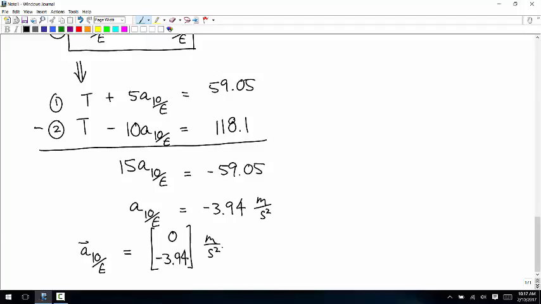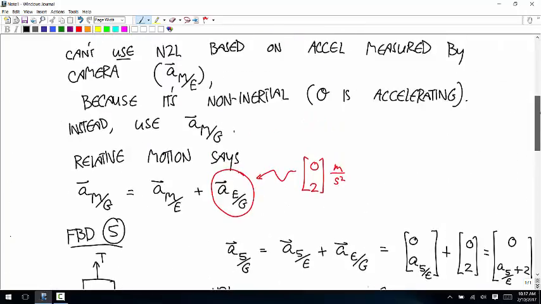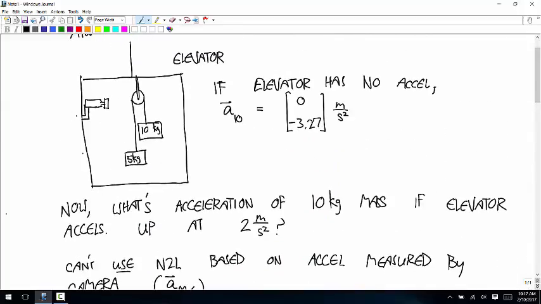But what we were trying to compare is what this camera was seeing in the two cases. And so what we calculated there was the acceleration measured by a camera that's accelerating with the elevator. That's the acceleration of the mass relative to the elevator. Okay, so those are the two we're comparing.